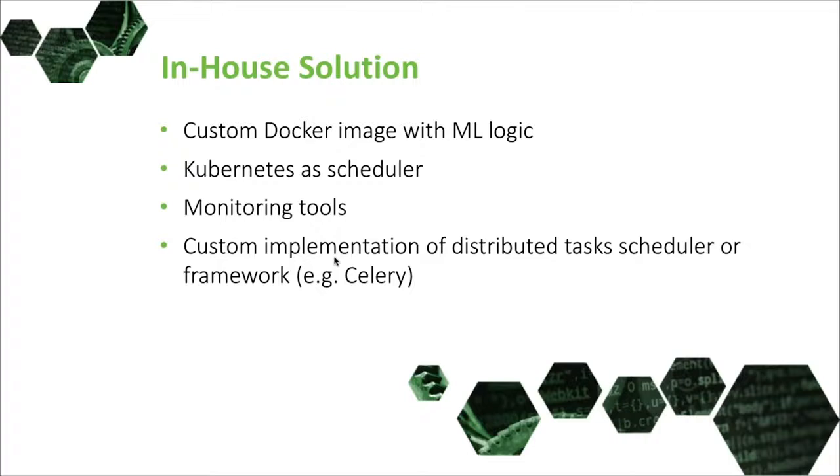We can even add Prometheus and Grafana on top of that for monitoring, and that's to monitor our workloads and increase and decrease our nodes and to help with other tasks also. And of course, one of the most important parts is a custom implementation of a distributed task scheduler. You could use some framework like Celery, for example, or another framework here.